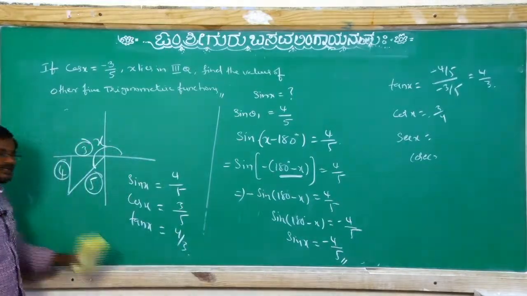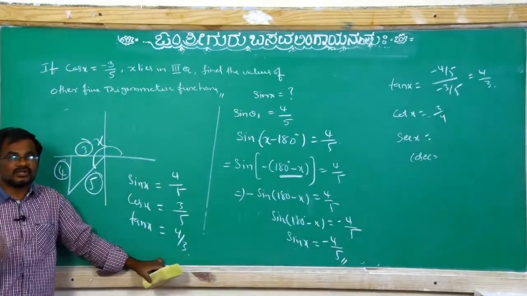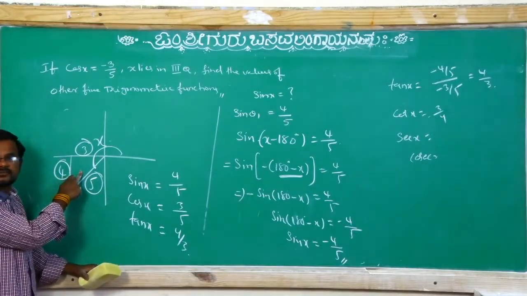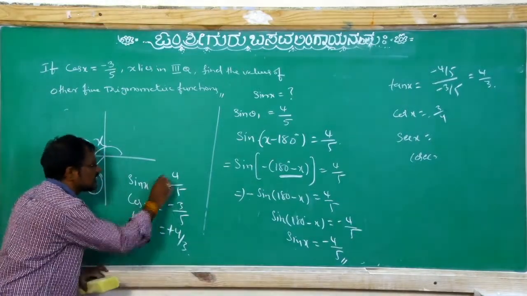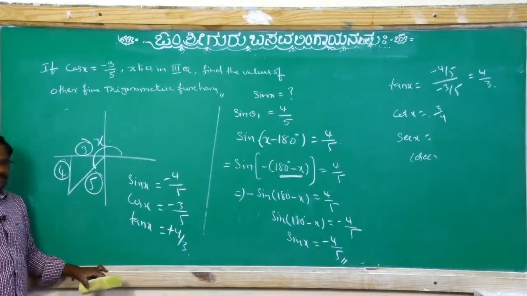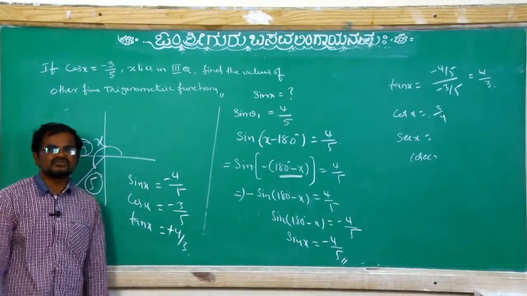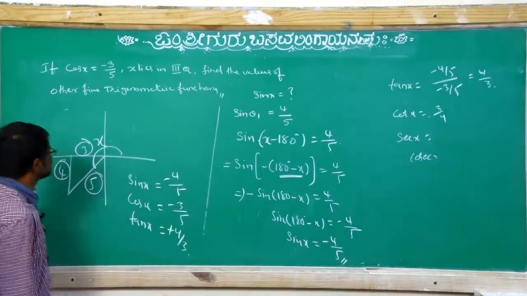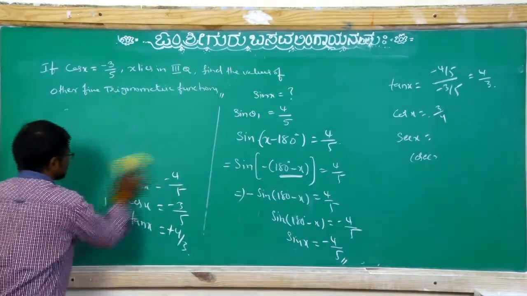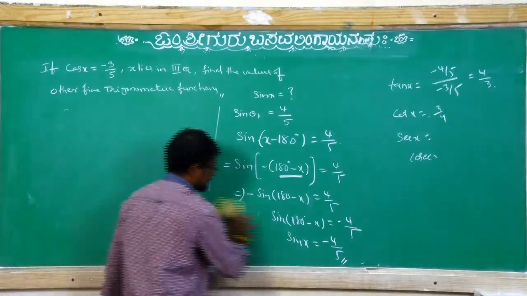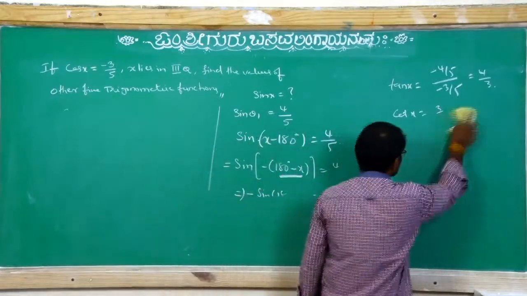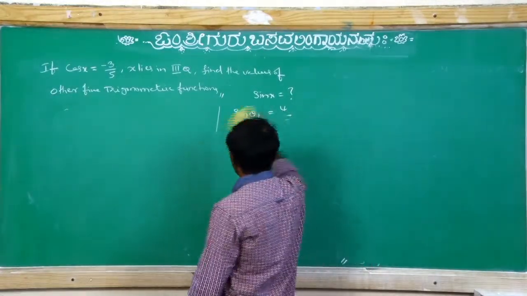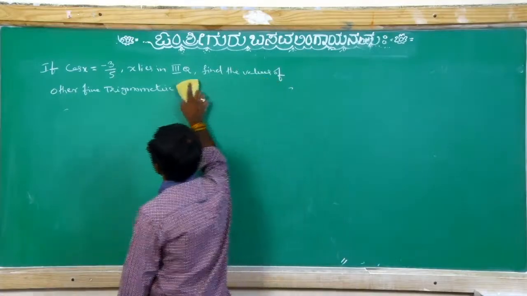But after that, you should not forget to take the what? In the third quadrant, which one is positive? Tan positive. Remaining are what? Negative. So remaining 3, reciprocal of these you take, you will get the answer. Like this also you can follow. Okay, no? Right. Which one is easiest one? Last one. Right? Okay.